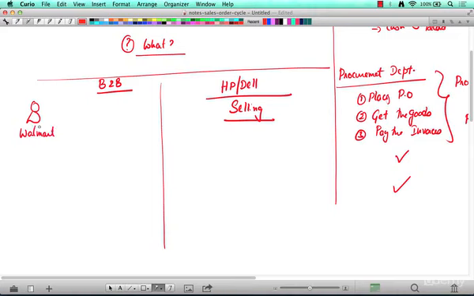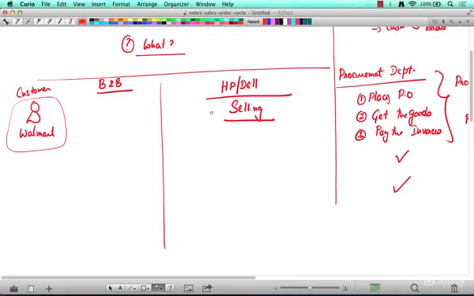So Walmart is our customer. And the company is HP selling computers to Walmart. So how does a typical cycle start? So Walmart is looking for computers. So Walmart is inquiring about the different rates of HP, Dell, Gateway, and all the different computer manufacturers.